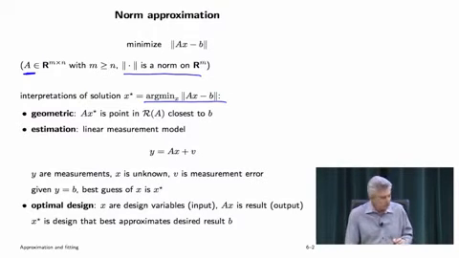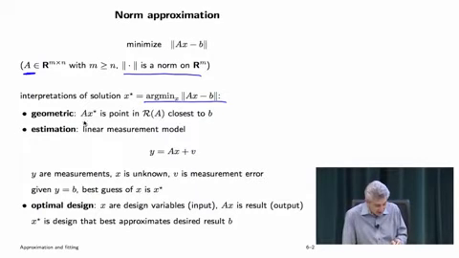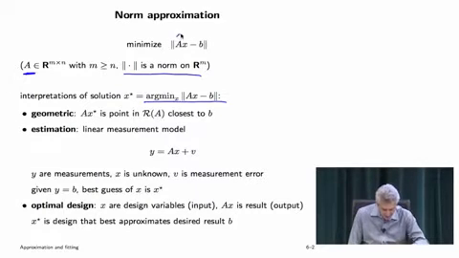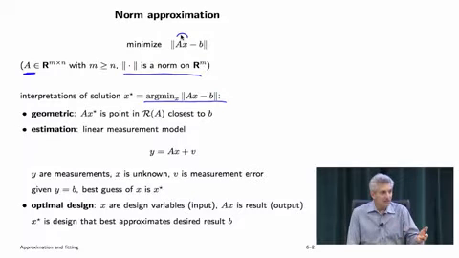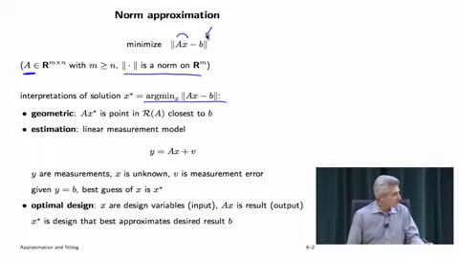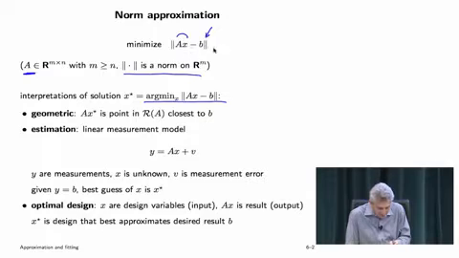Okay. So what's an interpretation? Well, there are lots of interpretations. The first one is geometric. Basically, vectors of the form Ax, where x varies, sweep out the range of A, right? So that's a subspace. And then you have a fixed vector b, and the distance, as measured by the norm, between b and Ax.